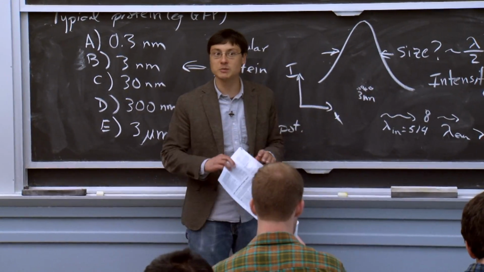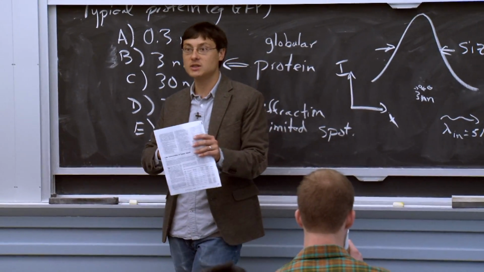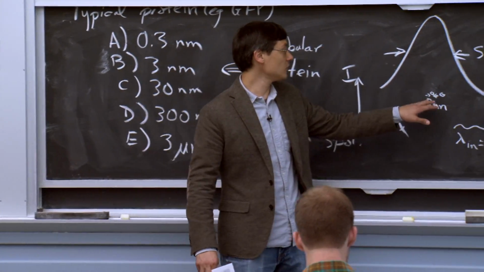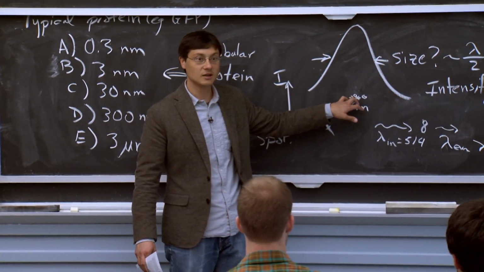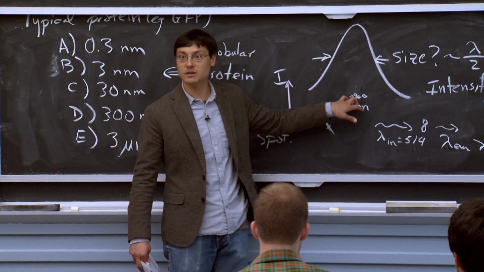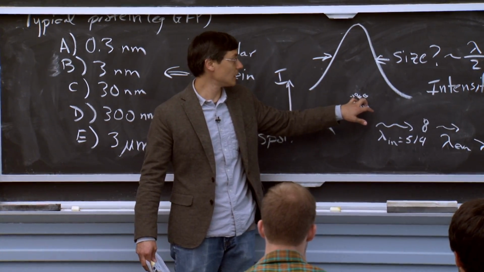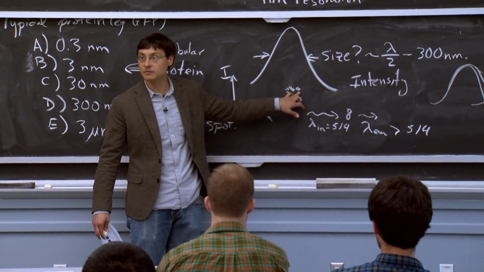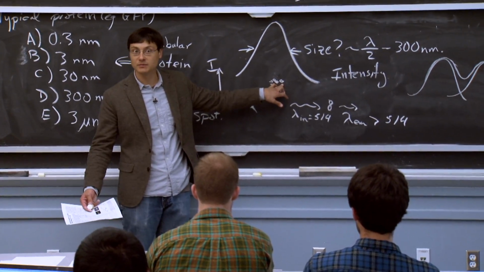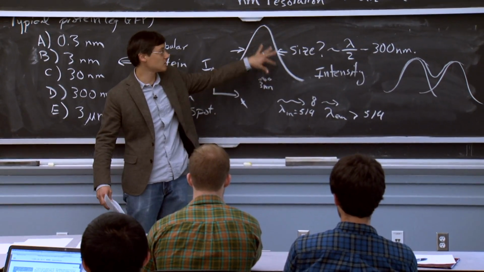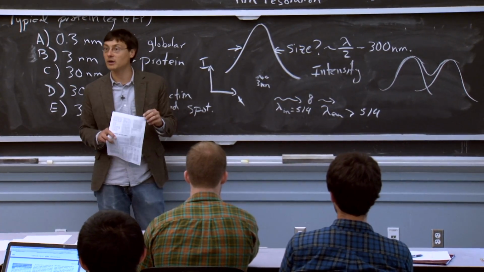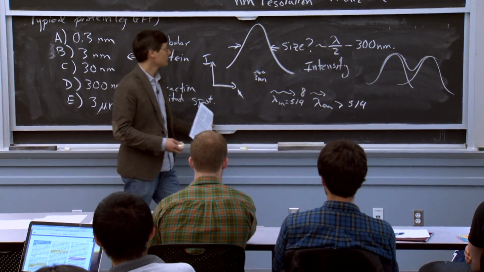There are various schemes to make it so that these proteins can either turn on or off. Now, if just one turns on, you get some photons. You say, OK, this protein is over here. Whereas if later this other protein becomes fluorescent, now you can figure out where that is. And so you do this basic super resolution localization multiple times, and then you can identify where things are.